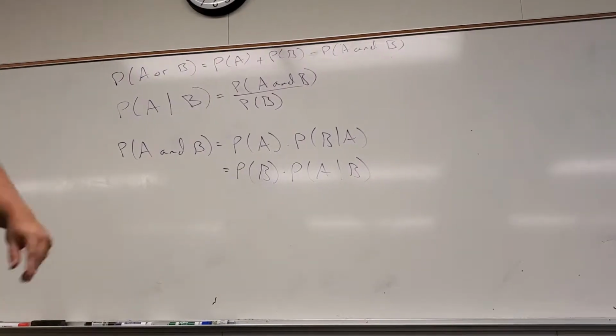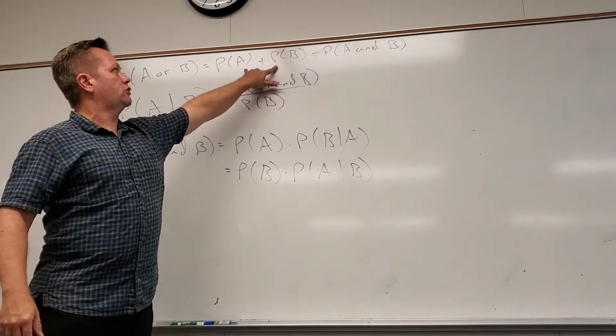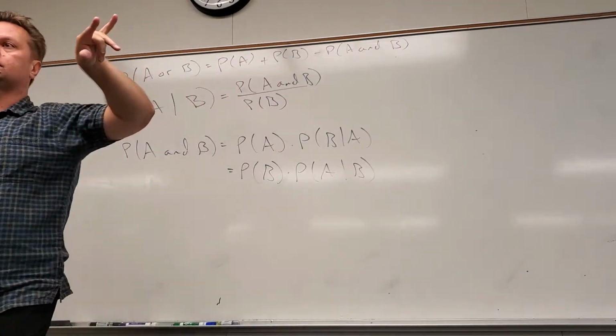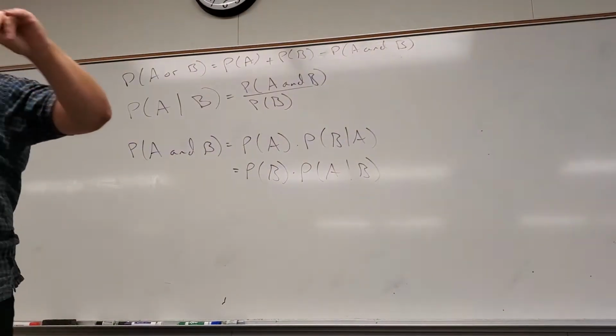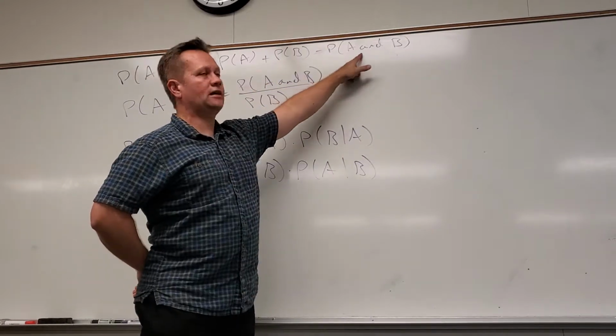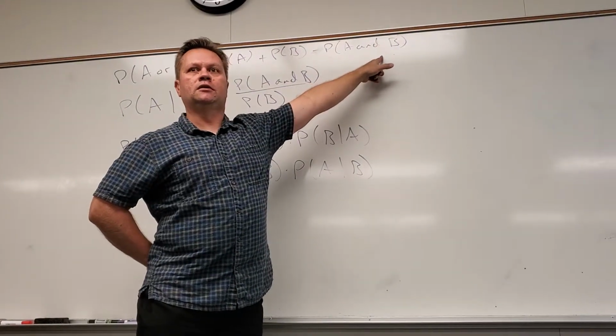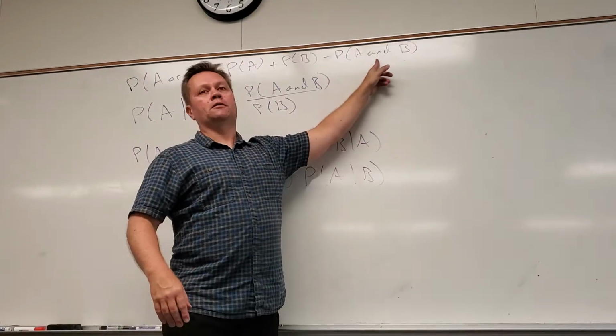So, what's the only time the probability of A or B is going to be just the straight up addition of the two? When what's true about A and B? That would mean if that equals this, and that's not there, what does that mean this equals? What would make this go away? If it was 0. When is this 0?